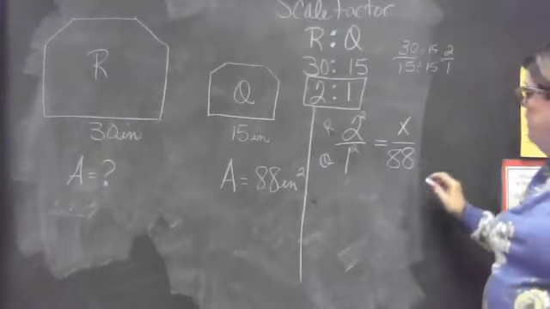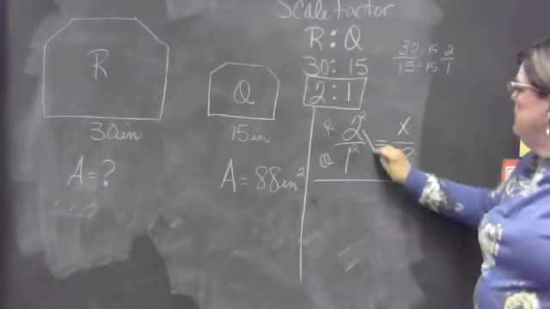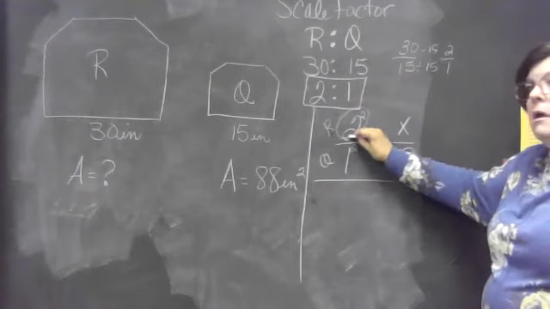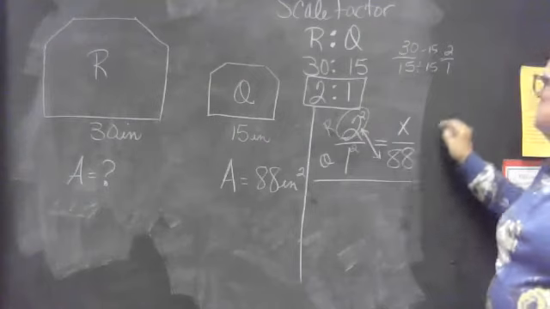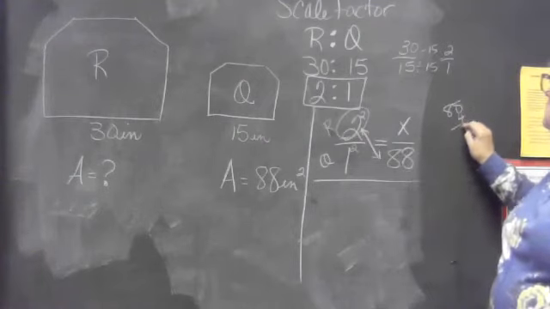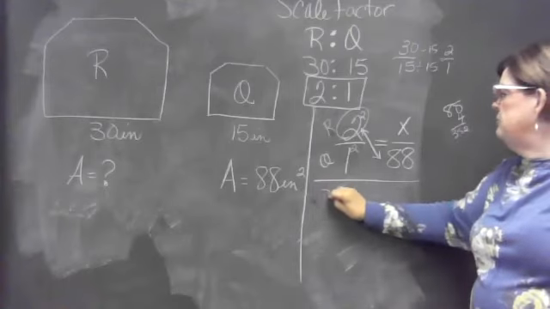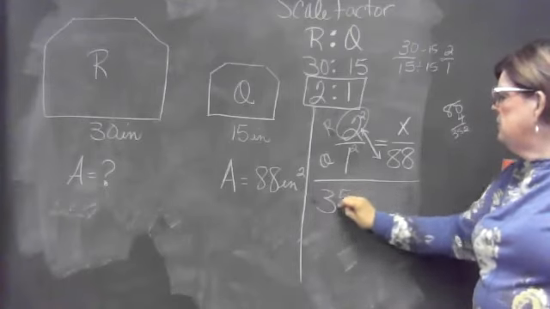So now when I multiply here, I have 4 times 88. So I have 352. Is that right, y'all with calculators?